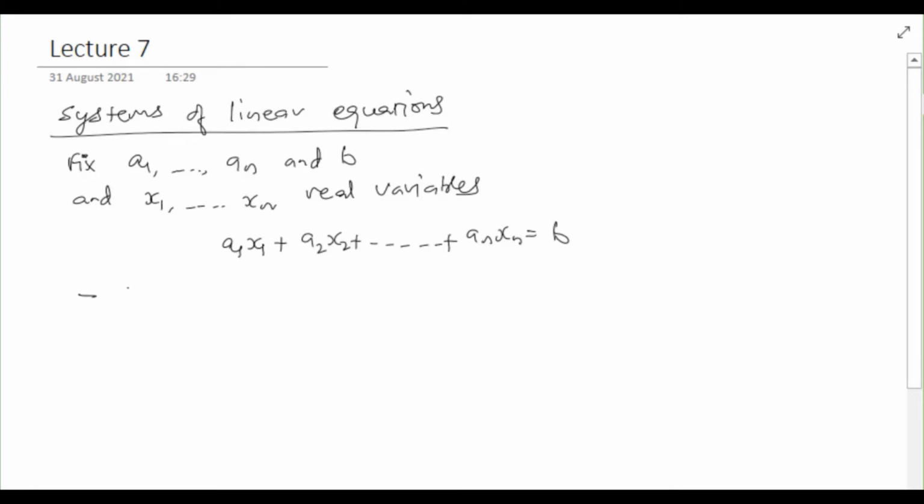This equation is called a linear equation in variables x1 to xn.